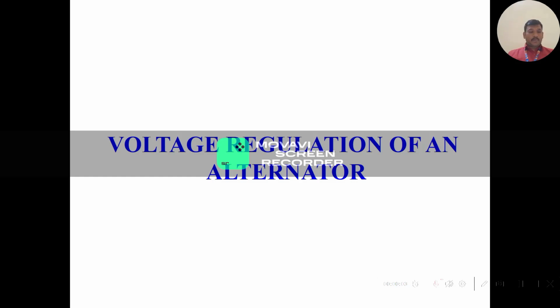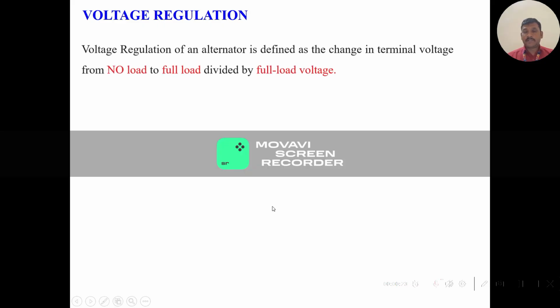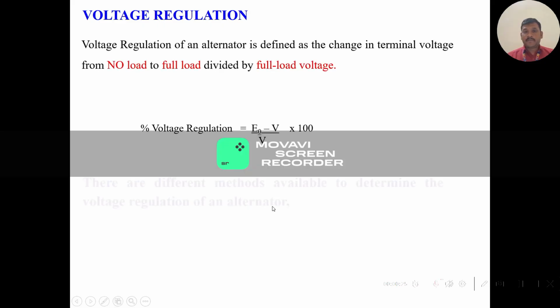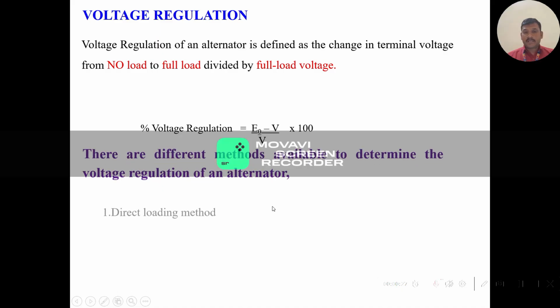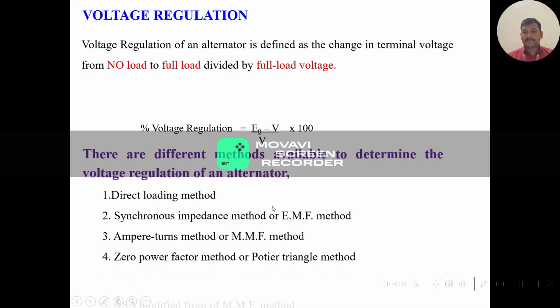One of the important parameters in deciding the performance of the alternator is voltage regulation. Basically, voltage regulation is defined as a ratio, and it is expressed as shown in the slide.